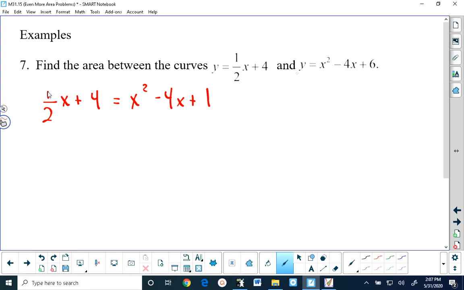I would probably want to multiply both sides of this equation we've created by 2. I would just prefer not to work with fractions unless I had to. Leaving us with x squared plus 8 equals 2x squared minus 8x plus 12. Of course, it's quadratic, so we solve all quadratic equations by first zeroing the equation.